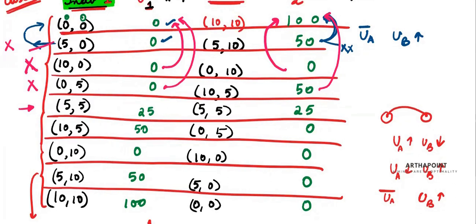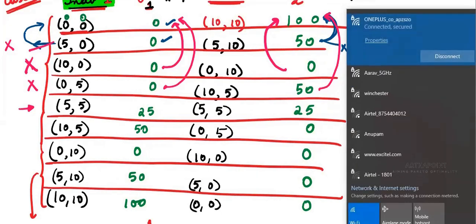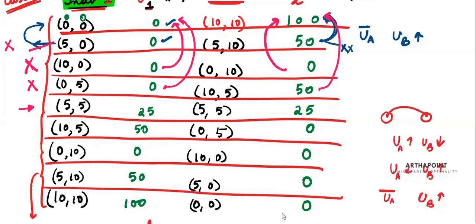So if I go from 5,5 to this point, utility of individual 1 is decreasing, but utility of individual 2 is increasing.